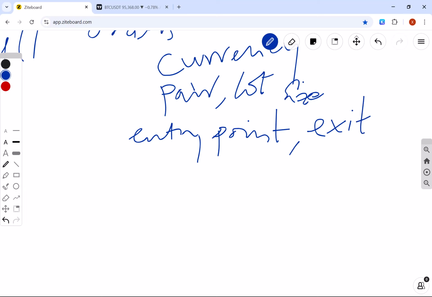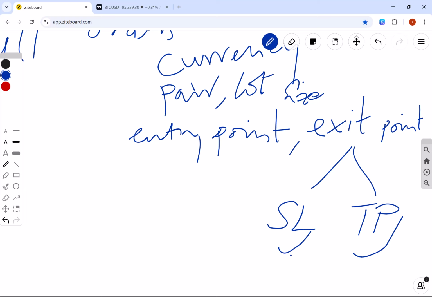Now the exit point is divided into two, that is the SL and the TP. So we specify the currency pair, the lot size, the entry point, and the exit point, which is made up of the SL and the TP.